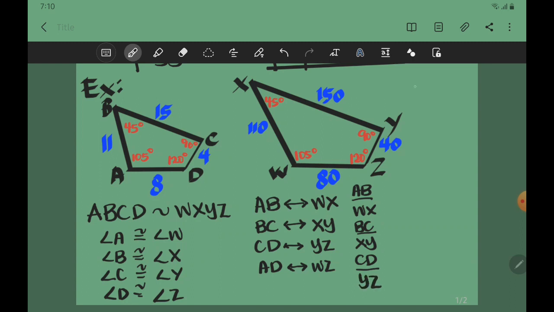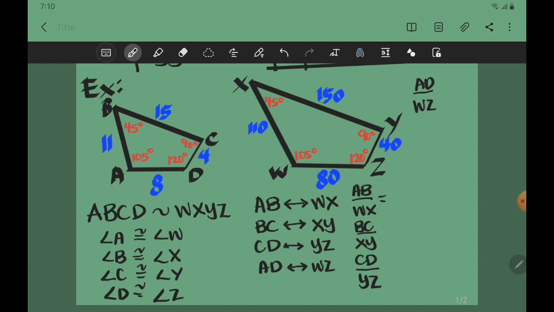Dito na lang natin ilagay yung isa. AD over WZ. Okay. And then, since nire-write natin siya into fraction, meron siyang given value, we need to substitute the given value. Okay, so let us substitute.